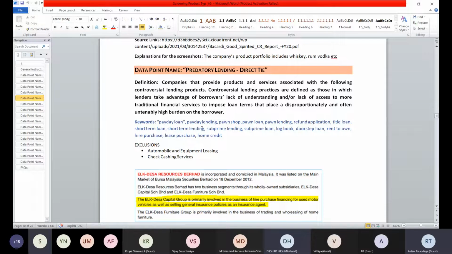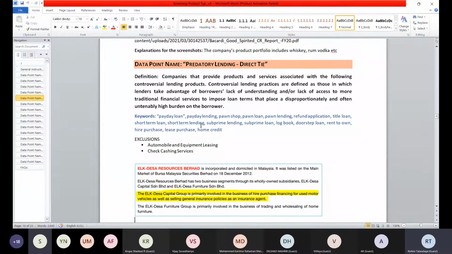Predatory lending is nothing but any practices that benefit a lender at the expense of a borrower, like charging high fees or creating a cycle of debt. I will just explain. Do you know what hire purchase is?